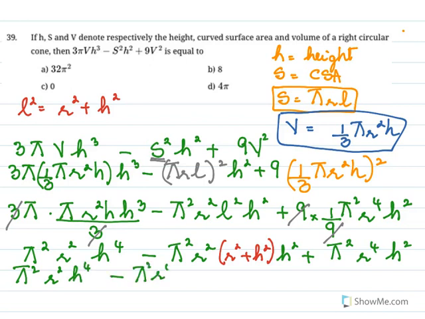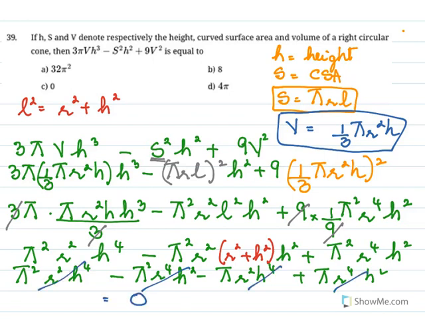So this is pi square r4 h square. This is pi r square h4 plus pi r4 h square. We can cancel r4 h square, r4 h square here, and we cancel these two, and the answer works out to 0.